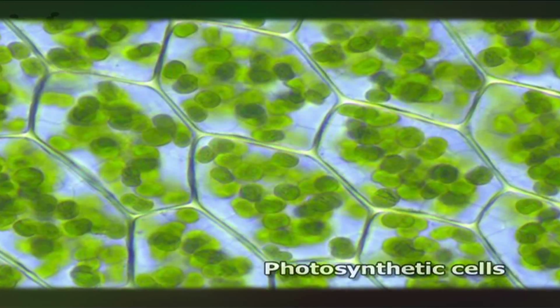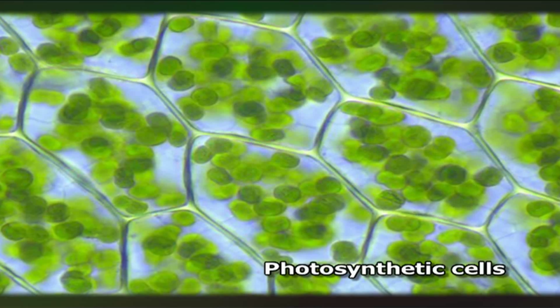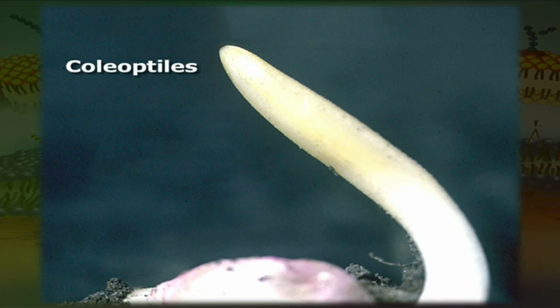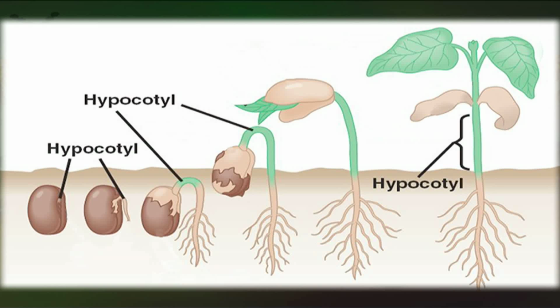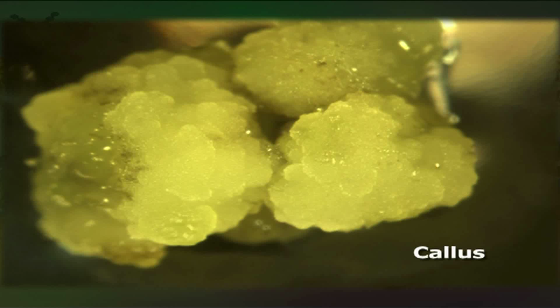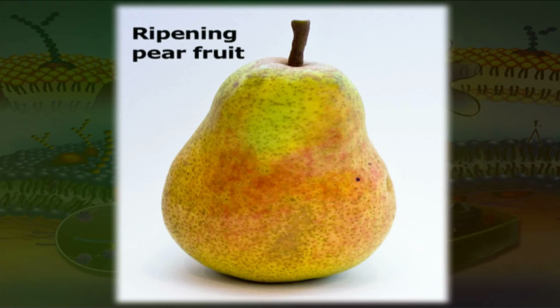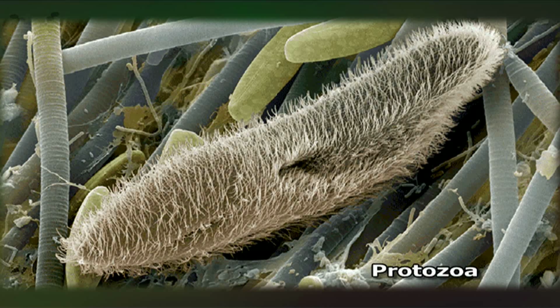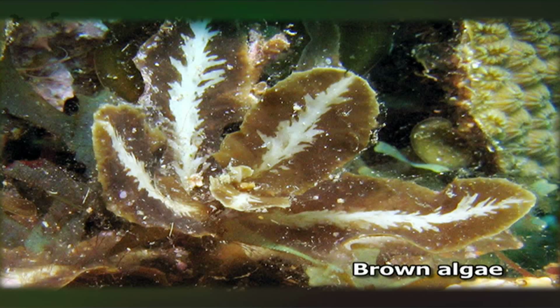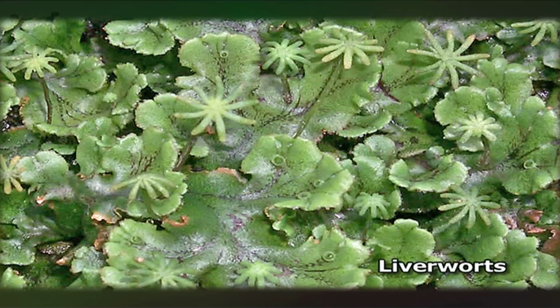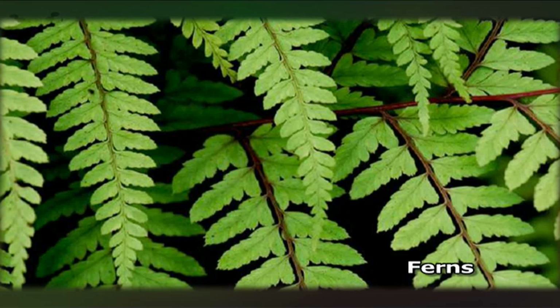Peroxisomes are present in photosynthetic cells of higher plants, in etiolated leaf tissue, coleoptiles, hypocotyls, tobacco stem and callus, ripening pear fruits, protozoa, brown algae, fungi, liverworts, mosses and ferns. Peroxisomes are also important in plants.